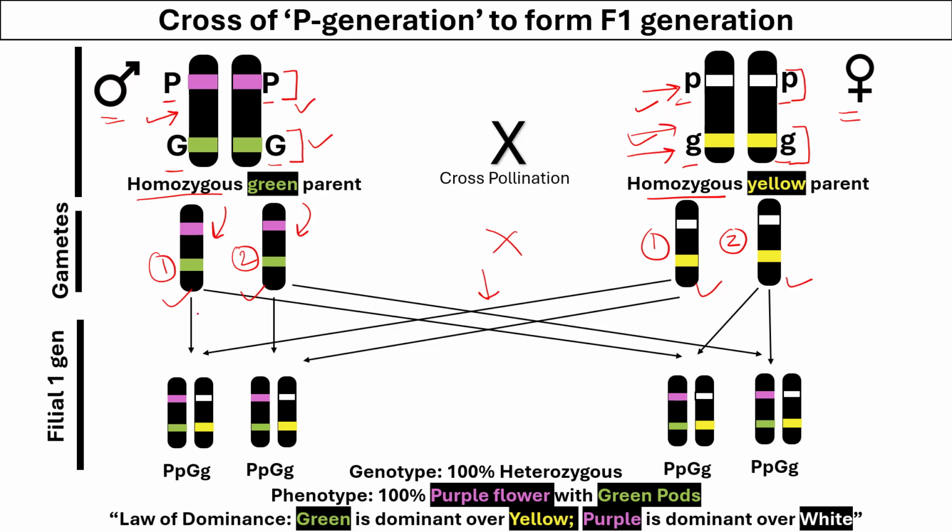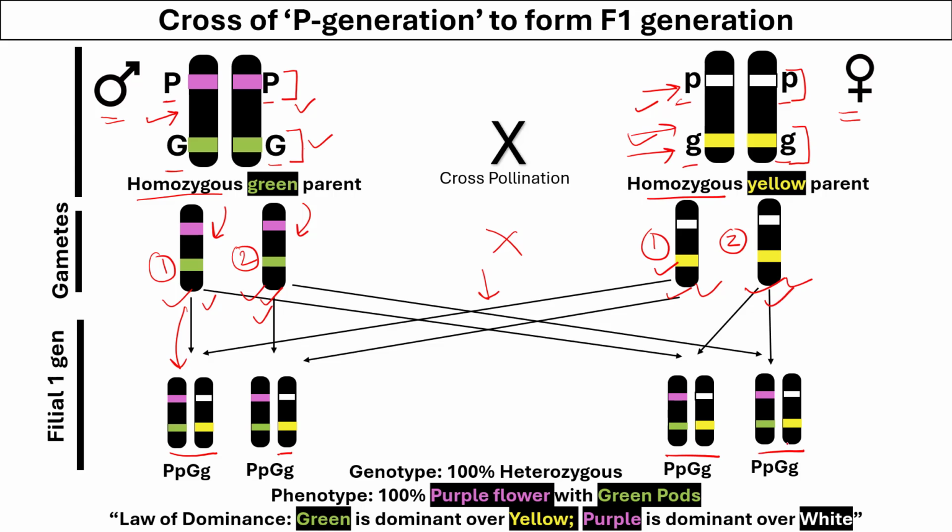So if this gamete fuses with this parental gamete, you get this, and if this gamete fuses with this gamete, you get this. If this gamete fuses with this, you get this. If this one fuses with this one, you get this.